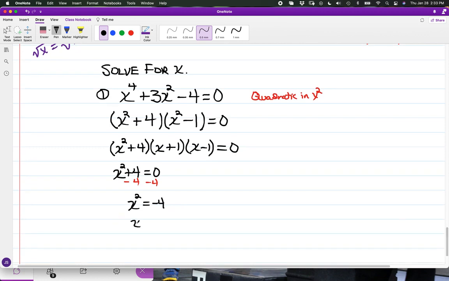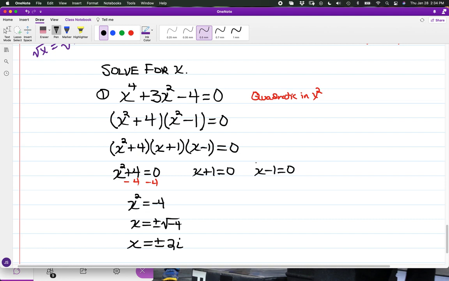And with the square root property of equality, going from x squared to x, we have x equal to plus or minus the square root of -4. In compact terms, the square root of -4 becomes 2i, so you have positive and negative 2i for this set, and for the other factors we have x plus 1 and x minus 1.